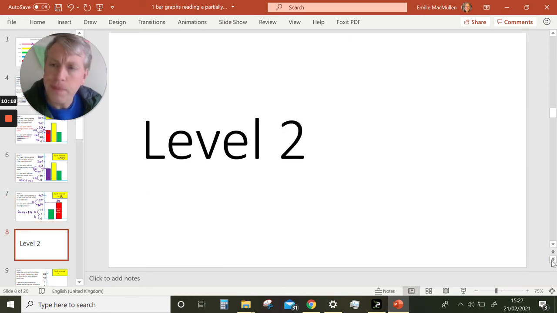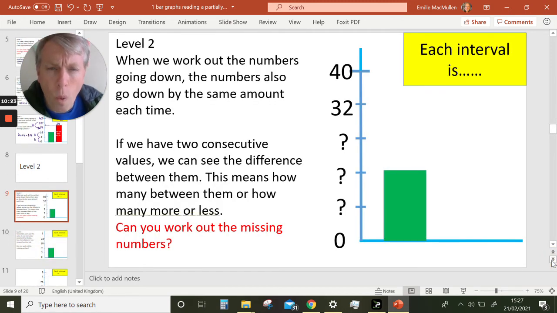Okay, now that's level 1. Let's have a look at level 2. Almost the same thing, but it's different because now, what have we got? Well, I can see on my scale, my number line, I've got 40 and 32. So I don't know 0 add how many here.